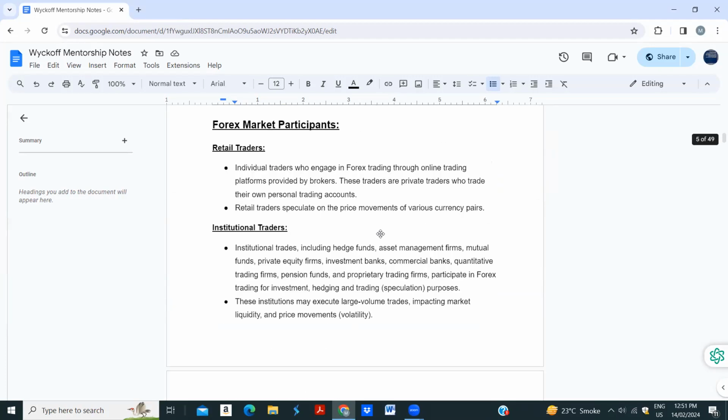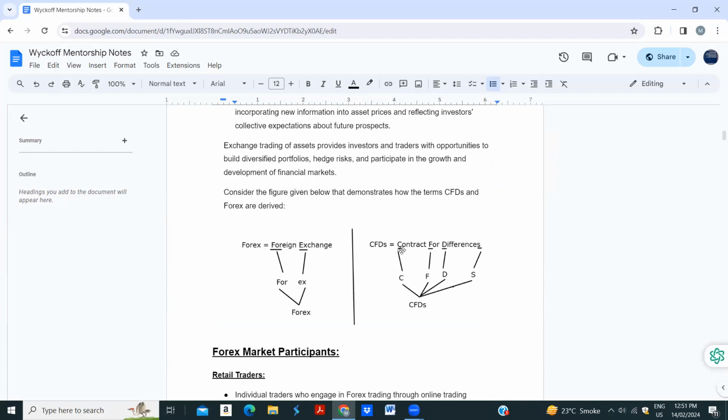So how is it derived? Suppose we have the words contract for differences. We take the first letter of every word: C from contract, F from for, D from differences, and the last S of differences, and we form an abbreviation: CFDs, which stands for contract for differences. This is a small mind map you can use to learn how Forex and CFDs are derived. It's pretty simple.